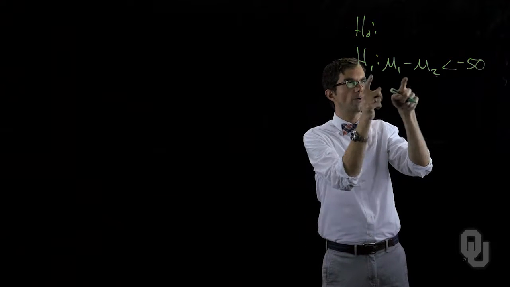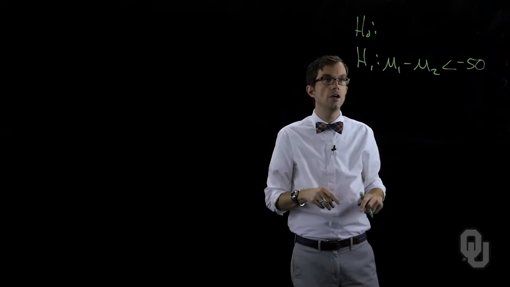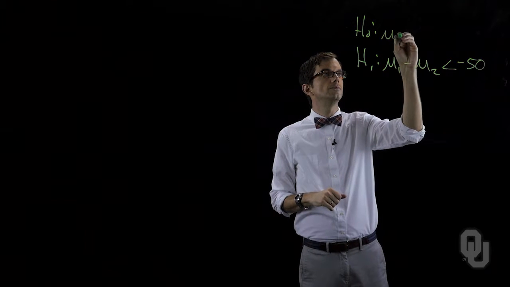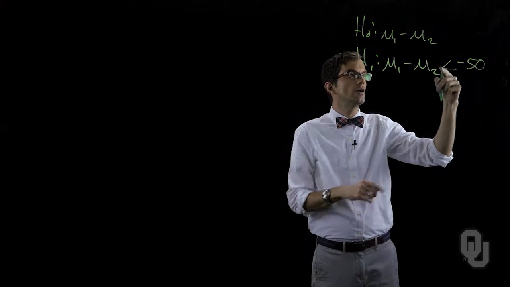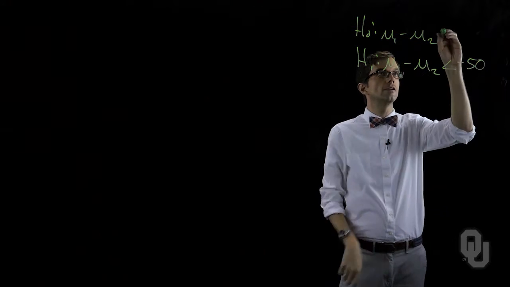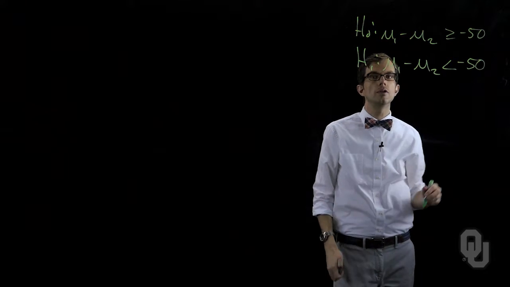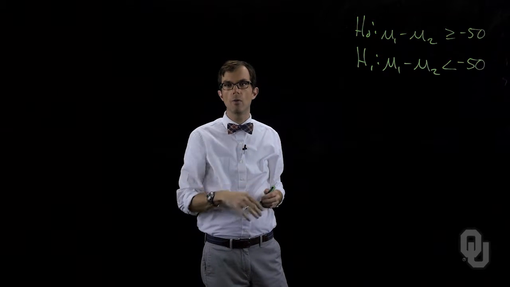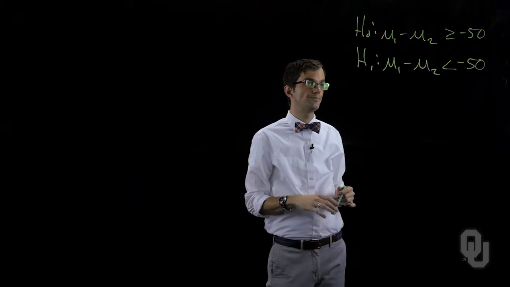Since we're turning it around, it's going to be strictly less than. So that must mean that the equality statement must be in the null. And the equality statement must be the contradiction of this, greater than or equal to negative 50. So this is the set of hypotheses that we want to address here.